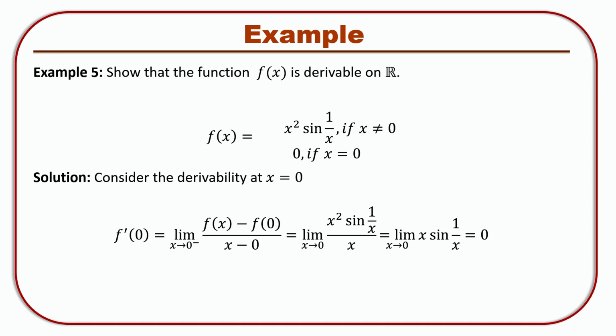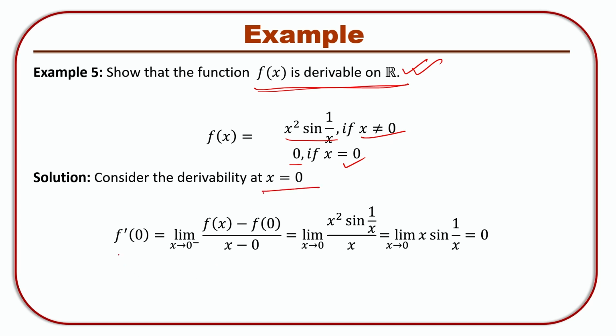So look at another good problem. We have to show that f(x) is derivable on the real line R, where f(x) equal to x square sine 1 by x if x is not equal to 0, and 0 if x equal to 0. This is also a very good problem. So consider the derivability at x equal to 0.